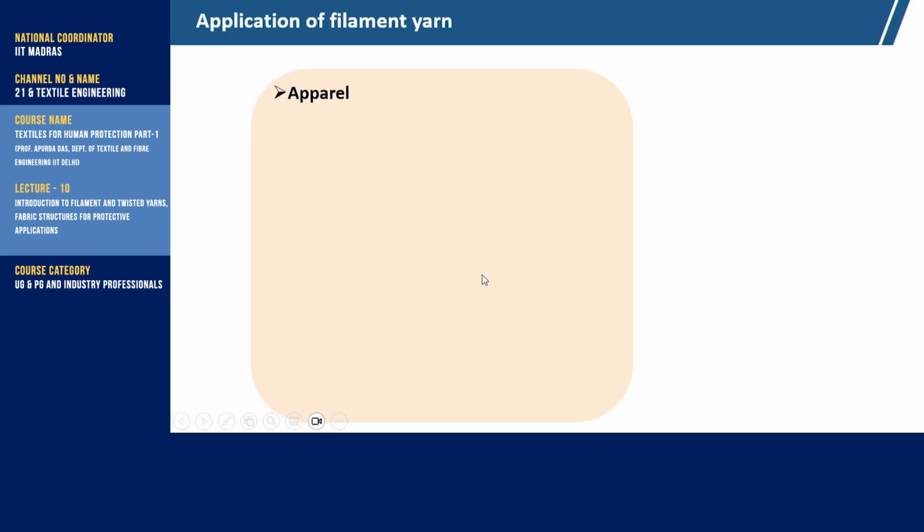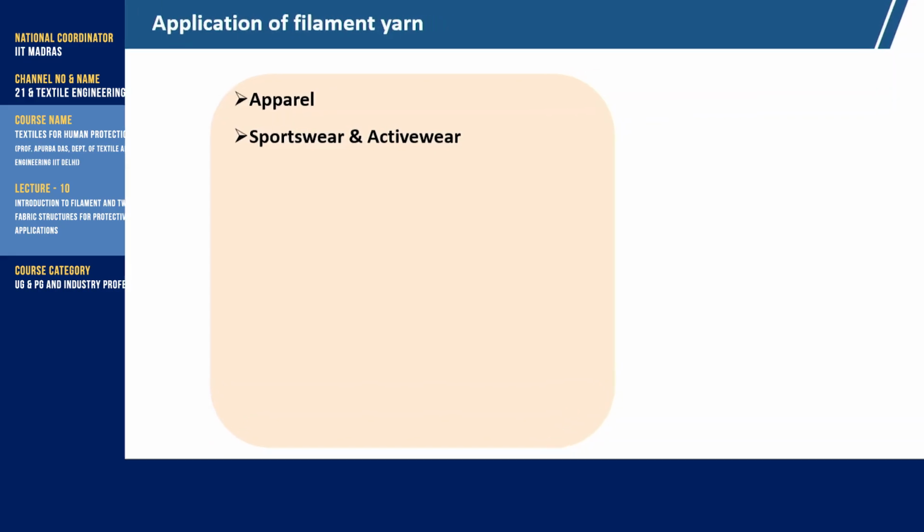Applications of filament yarn in apparel: sportswear and active wear. Sportswear, widely it is used. The main advantage of filament yarn is that in high active sportswear, the staple yarn is not recommended. The basic reason is that in the staple yarn, let us see for polyester, we need higher strength and also the capillary.